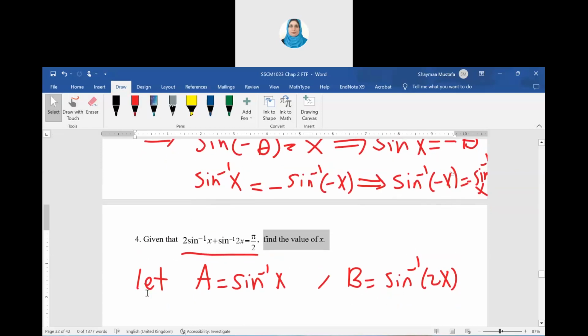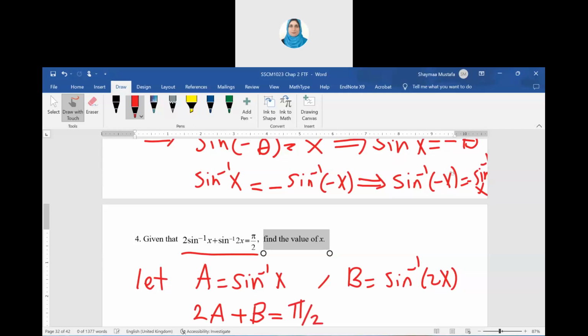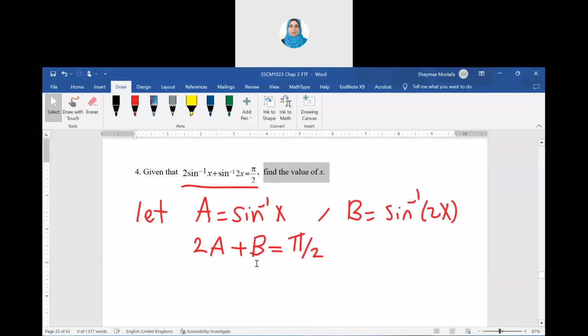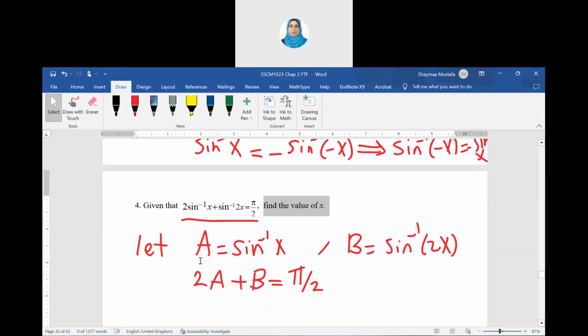Now the relation becomes 2a plus b is equal to pi over 2. We just replace sine inverse x by a and sine inverse 2x by b.